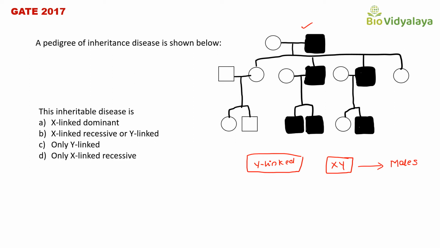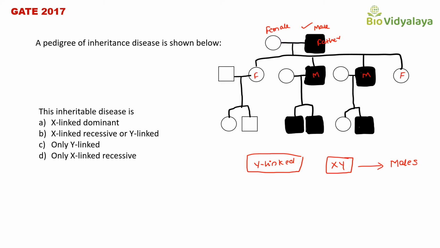So here you can see that this square represents male and circle represents female, as we discussed in our previous lecture video. This male is affected, this father is affected. Here you can see that all his male offspring are also affected, but his female offspring are not affected.